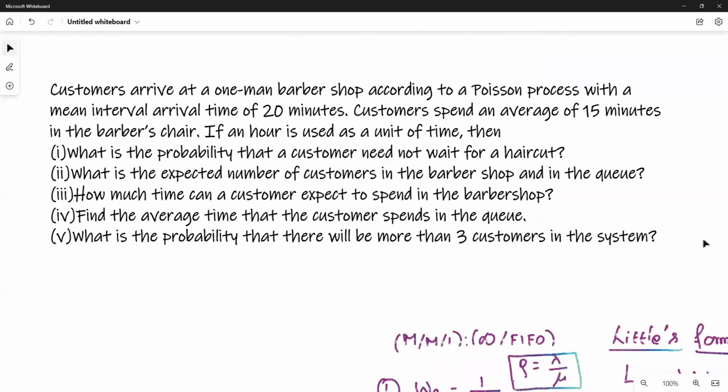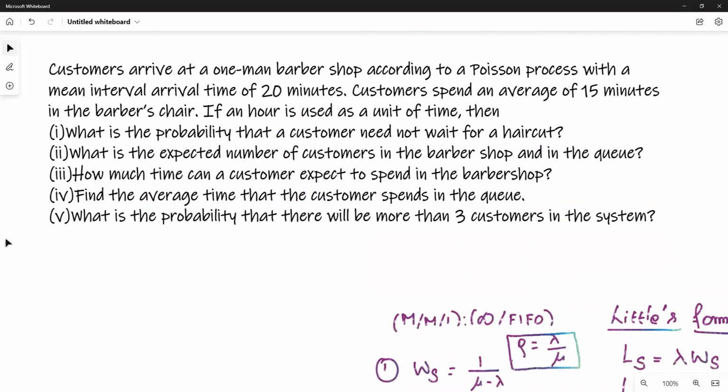Let us consider this problem. Customers arrive at a one-man barber shop according to a Poisson process. One-man barber shop means there is only one server.